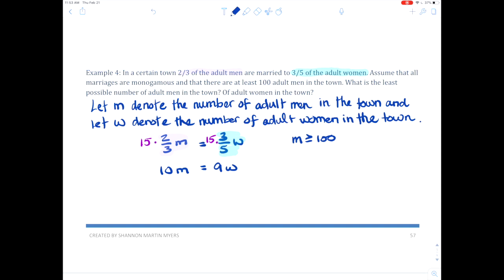So what needs to be true? I mean, we don't know how many women there are, right? And so for this to work out where we have a whole husband and a whole wife, what needs to be true divisibility wise? I mean, doesn't 9 need to divide 10 times m?